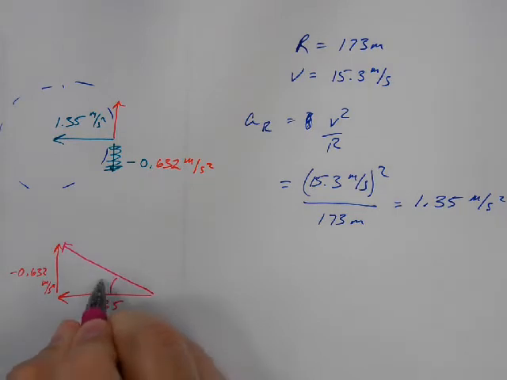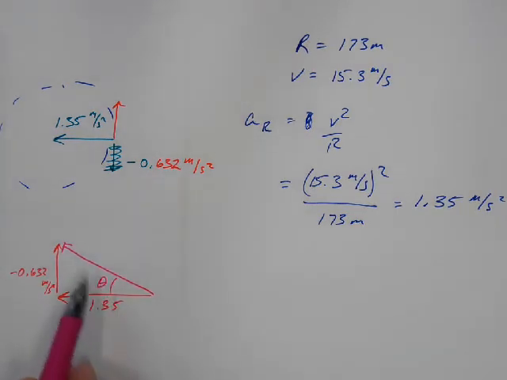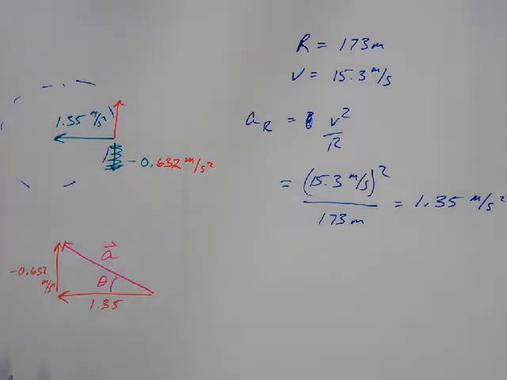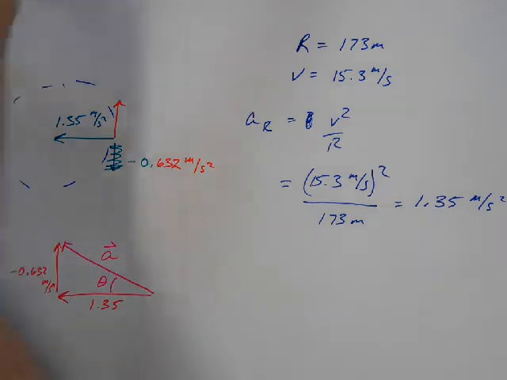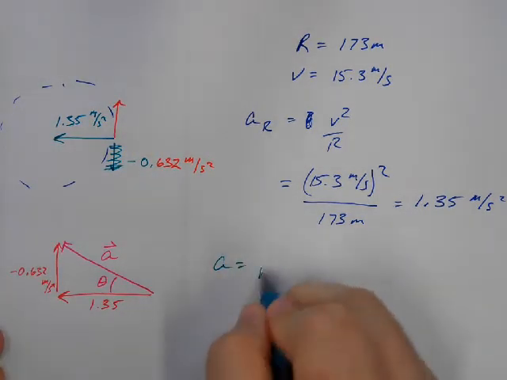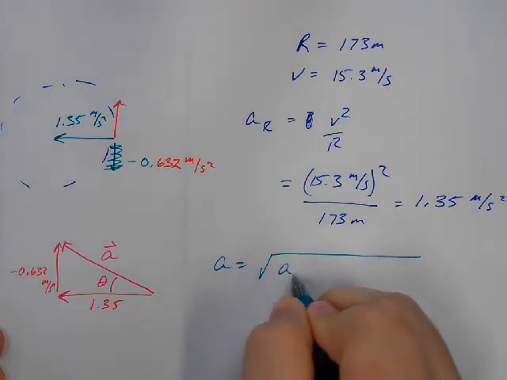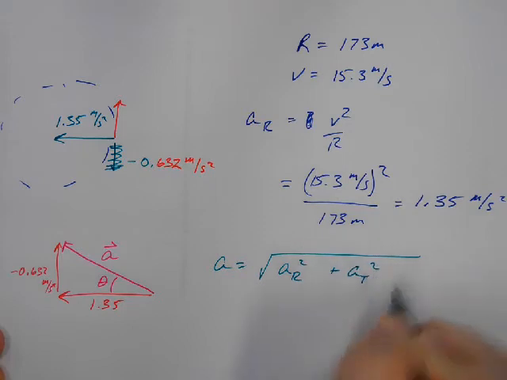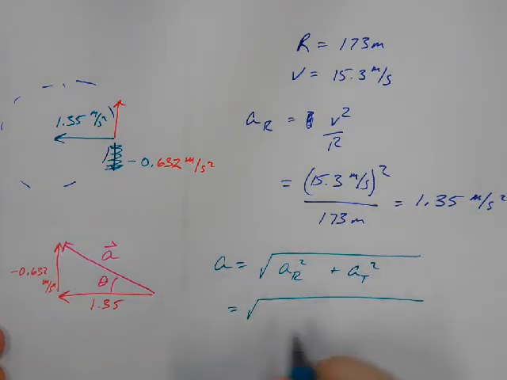We need to get this angle theta, which is how this acceleration vector points behind the train. And we need to get this acceleration. And the acceleration's easy enough. Our acceleration looks like the square root of the radial acceleration squared plus the tangential acceleration squared, and then we just calculate it. All right, so we just write everything out.